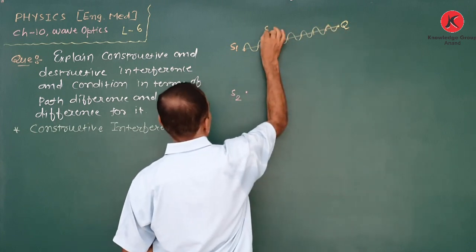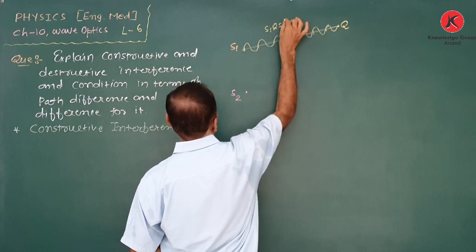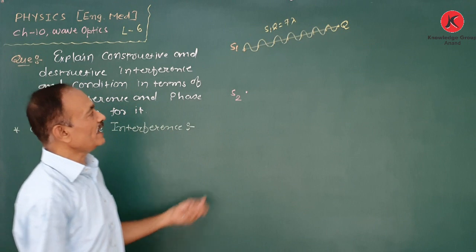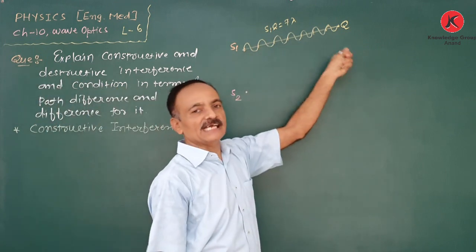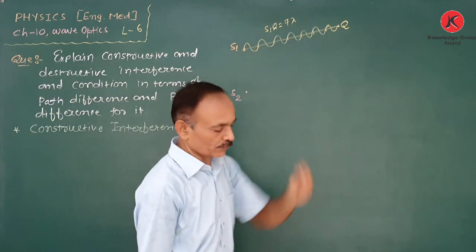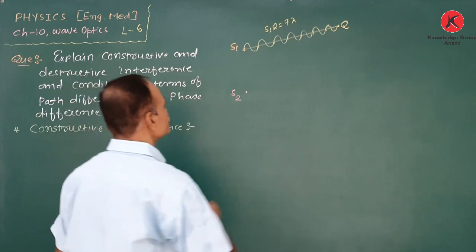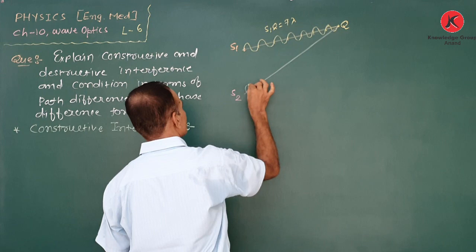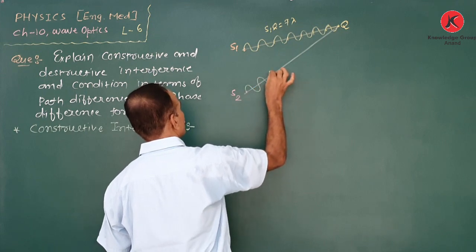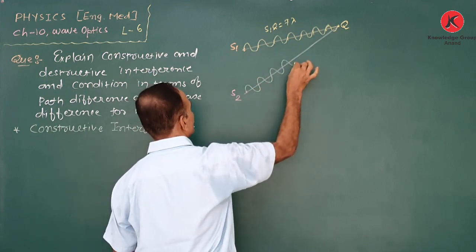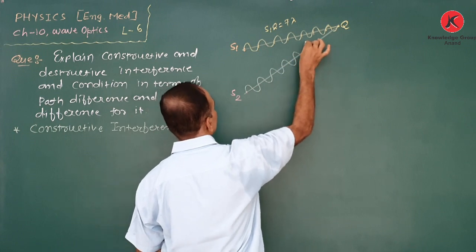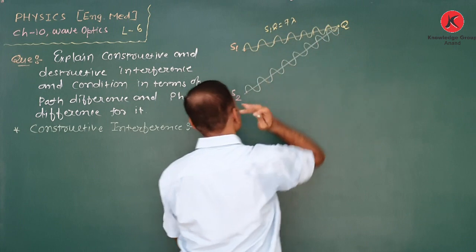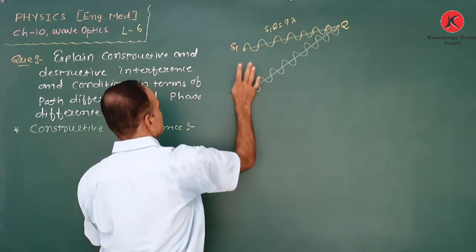So here the S1Q length is 7 lambda, because 7 waves completely lie in this distance S1Q. Now S2Q is 9 lambda. So there is one wave, 2, 3, 4, 5, 6, 7, 8, and one more.